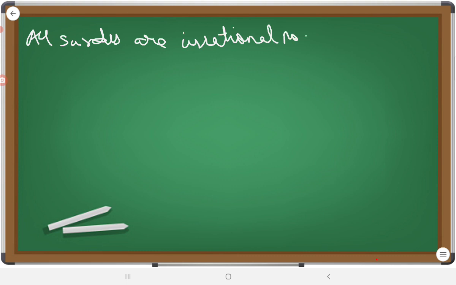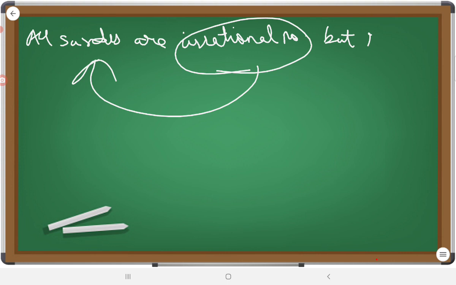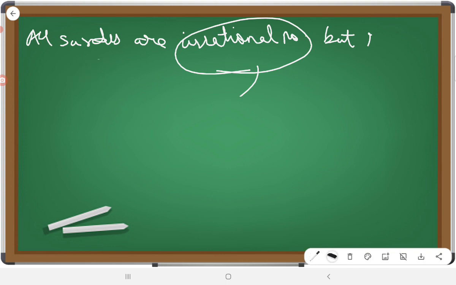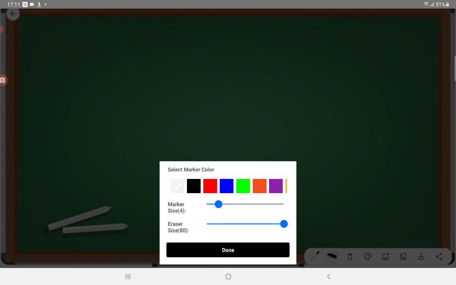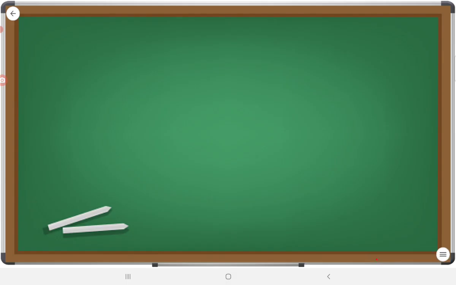But there's a condition: not all irrational numbers are surds. Now, let's see the notes here.